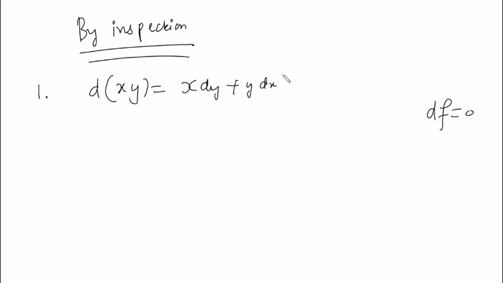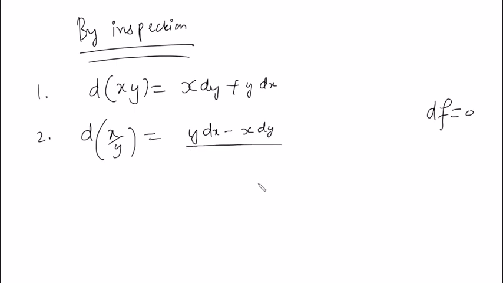So this is to give you the idea that if you see a factor x dy plus y dx, it can be written as the total differential of xy. Let me first give you the formulas, and when we use them, we will come to know how to use them. For now I'm just giving you a few formulas which are exact differentials. Okay, what is d of x by y? It is y dx minus x dy by y square.